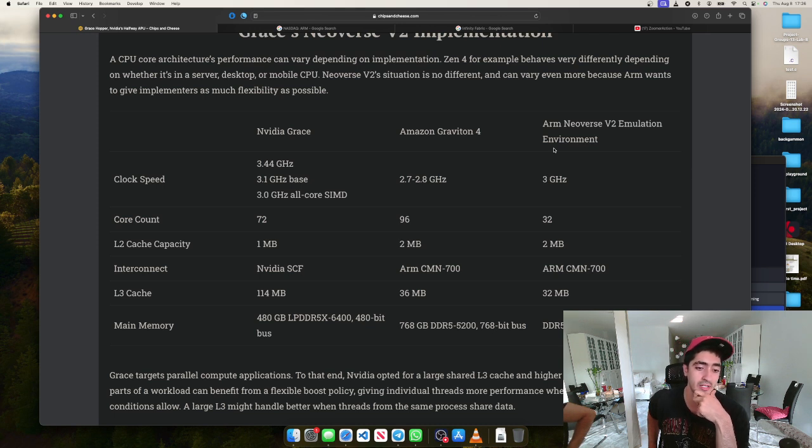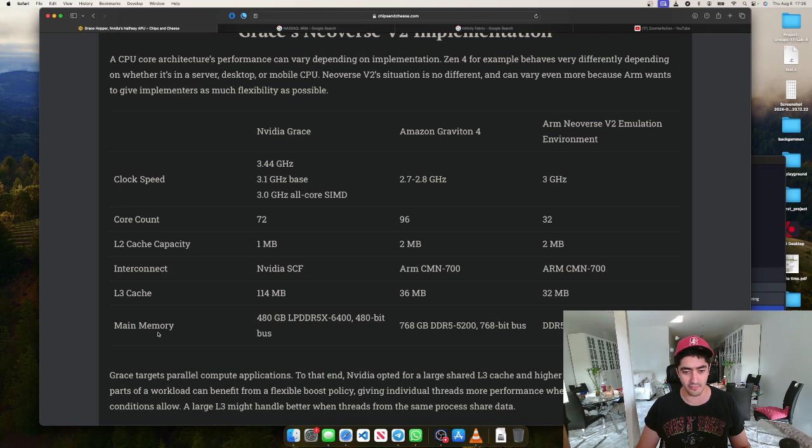And then you have 1 megabyte of L2 cache, 2 on the others. And your interconnect is Nvidia SCF, and on Amazon it's ARM CMN-700. And you have L3 cache, you have 114 megabyte. On Amazon you have 36 megabyte. On Neoverse you have 32 megabyte.